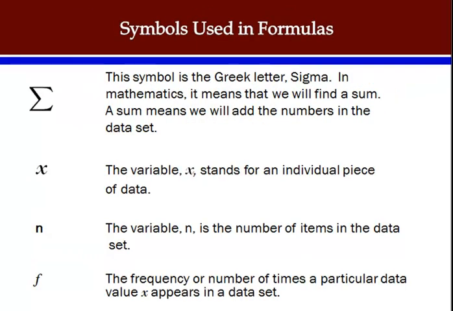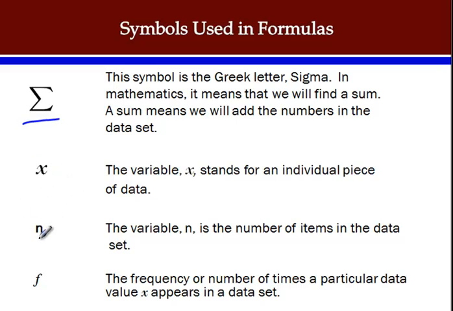Now, you are going to see some statistical formulas, and you need to recognize a few symbols that are represented in these formulas. The first one being sigma, that's this Greek letter, looks like a big E, and it means to sum. So whenever you see this symbol, it means we're going to add up all the numbers in the data set. The variable x will stand for one individual piece of data. So like the number 46 would be one of the values of x, and x will have multiple values.